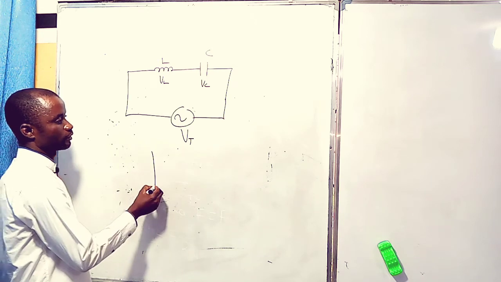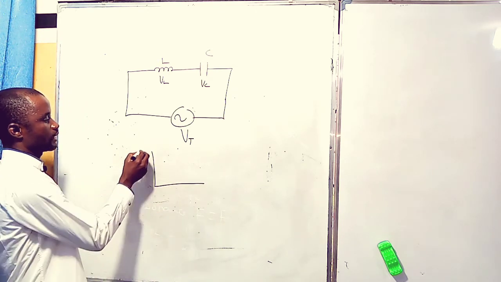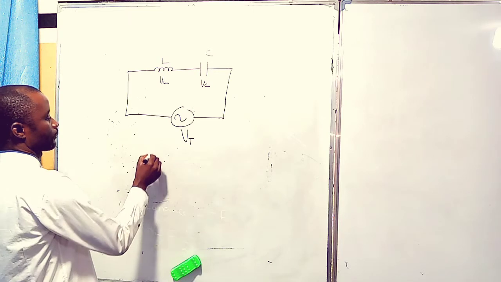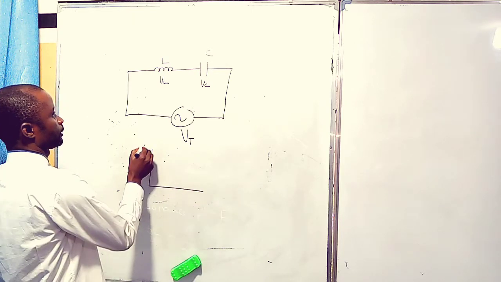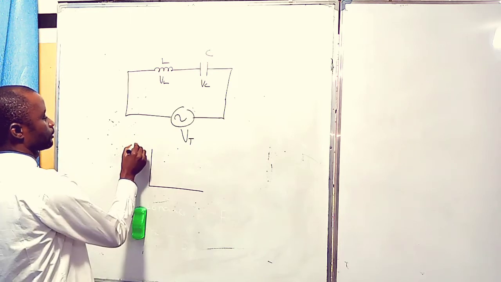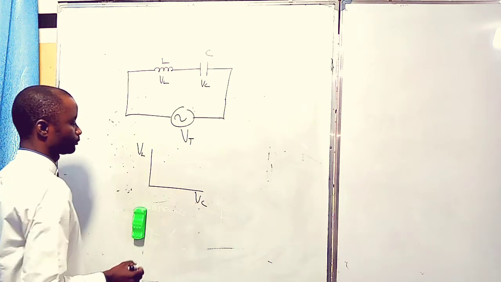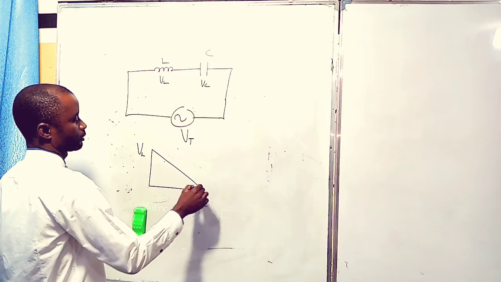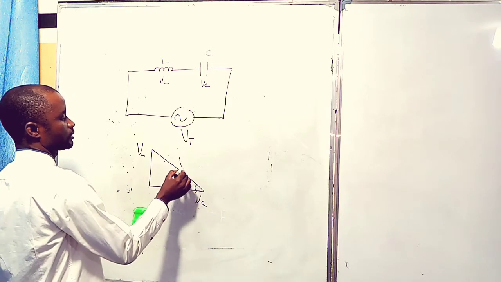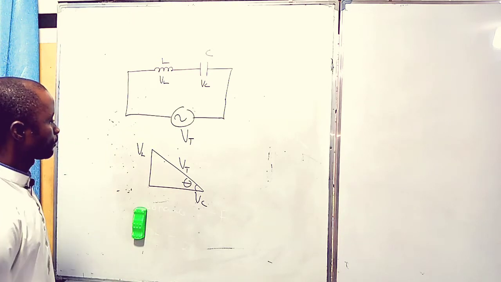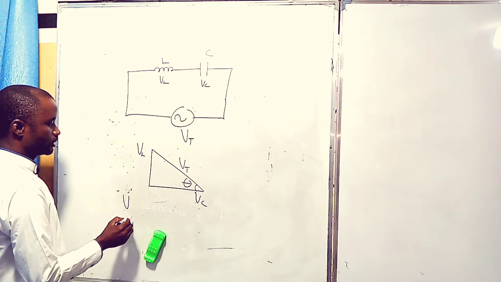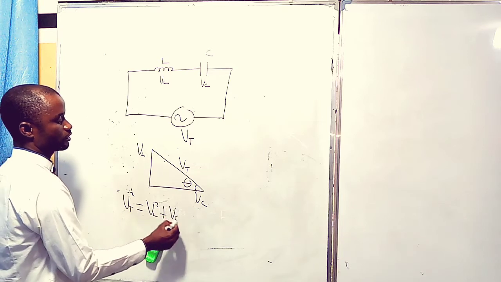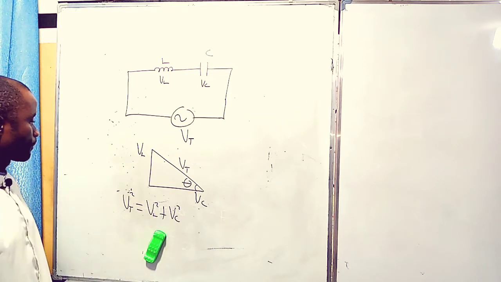We have this VL, VC, then that's VT. Then from this angle, VT square is equal to VL square plus VC square when you use the Pythagorean theorem.